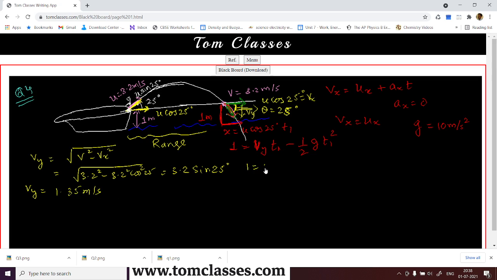So 1 is equal to 1.35 t1 minus half into 10, that is 5, into t1 square.